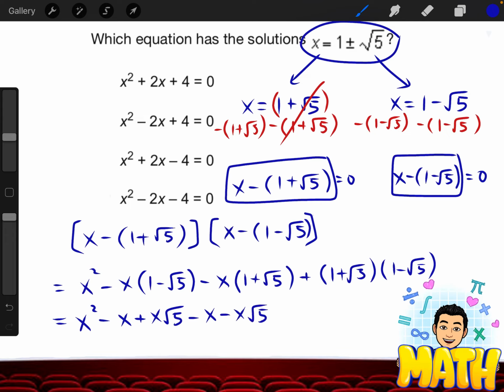Okay, and then just going to do the FOIL on this. So what's going to happen here is that you're going to get plus 1 minus 5. Okay, so let's go ahead and combine all like terms.